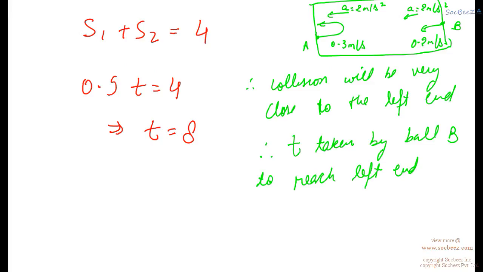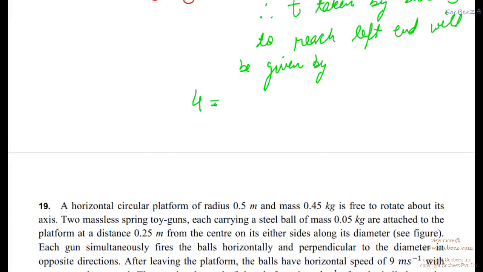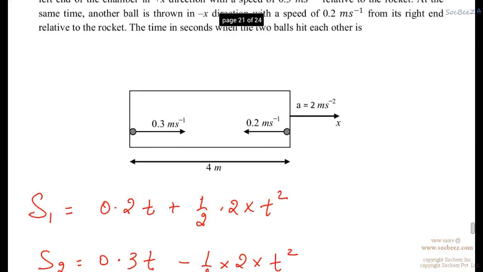therefore the time taken by ball B to reach the left end will be given by 4 equals, since the length of the chamber is 4 meter, therefore 4 equals 0.2 T plus half into 2 into T square.